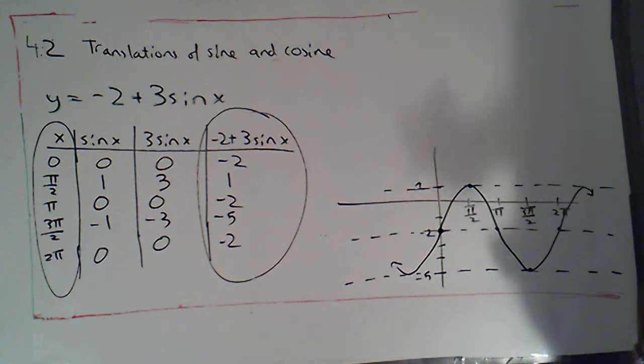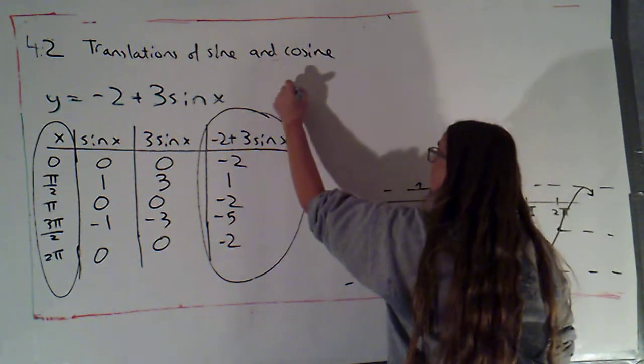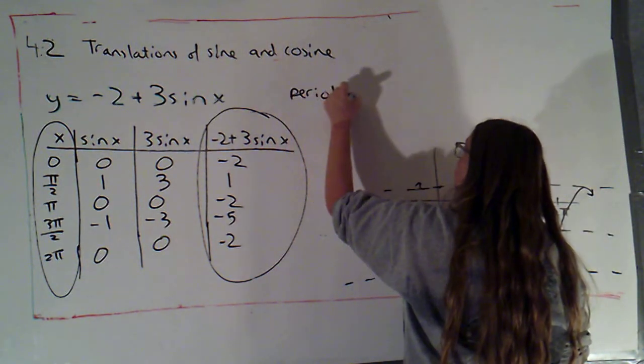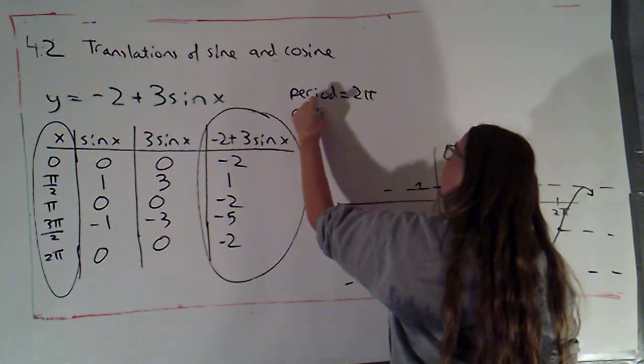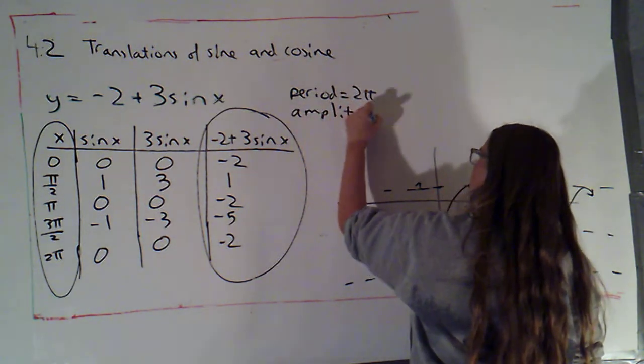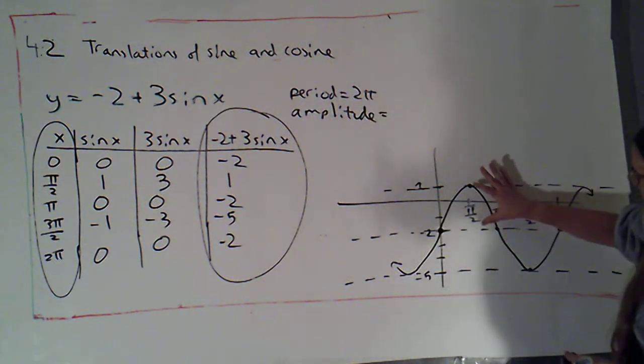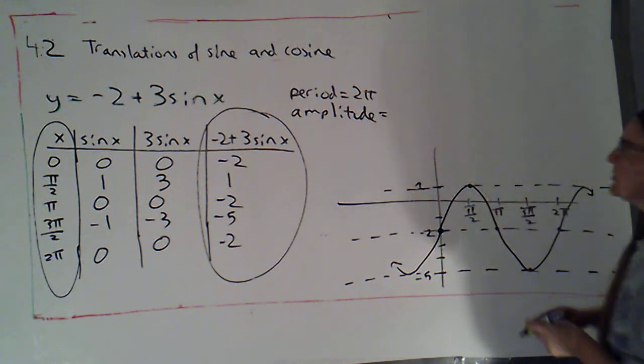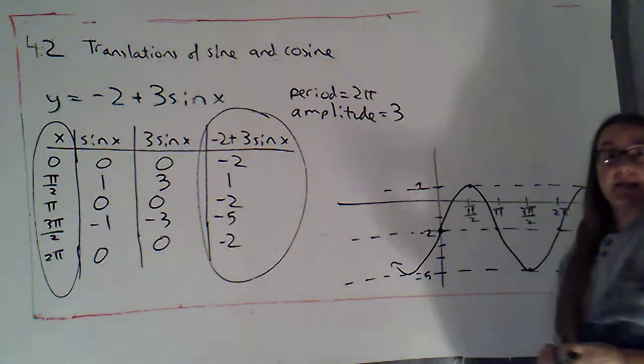Now, every change that I made was a vertical change, so that did not affect the period. That's still 2 pi, but my amplitude did change. The amplitude is the vertical distance between middle value and high value. Looks like that's going to be 3. Okay.